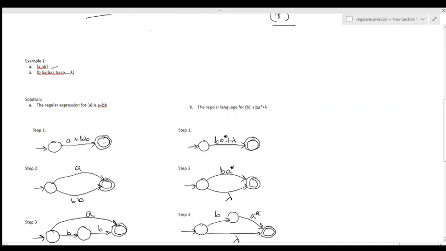So we just take an edge and write the whole regular expression over here. Next we break this transition into 2 parts, we can think that this is R1 and this is R2. So we have parallel edges here, 2 edges, and the edge below contains the 2-letter string because we haven't broken it down yet.